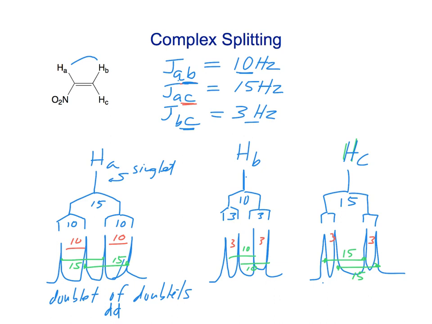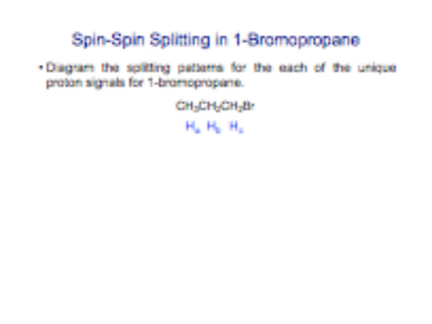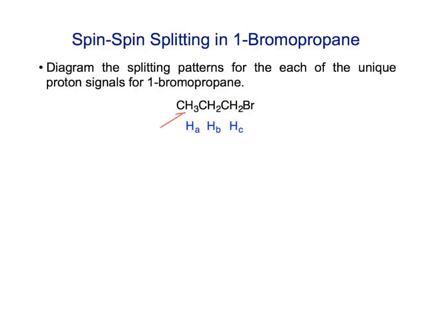Okay? So let's look at one consequence as well. Let's think about what the spectrum would look like for 1-bromopropane. A couple of these are pretty easy. For the methyl group, what kind of splitting would we see? We just look at how many protons are on the adjacent carbon.